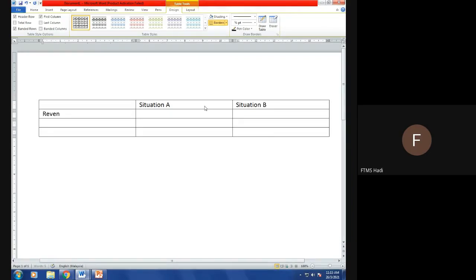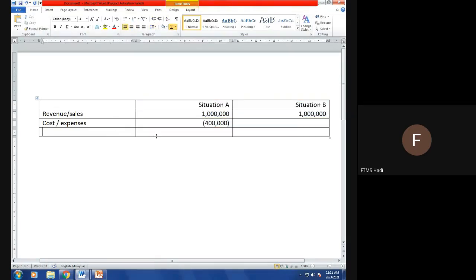Let's say the revenue or sales is equal to 1 million ringgit, and then the costs or expenses, let's say the cost is 400,000. What will happen is the profit will be 600,000, right? Okay, so that is the first situation.